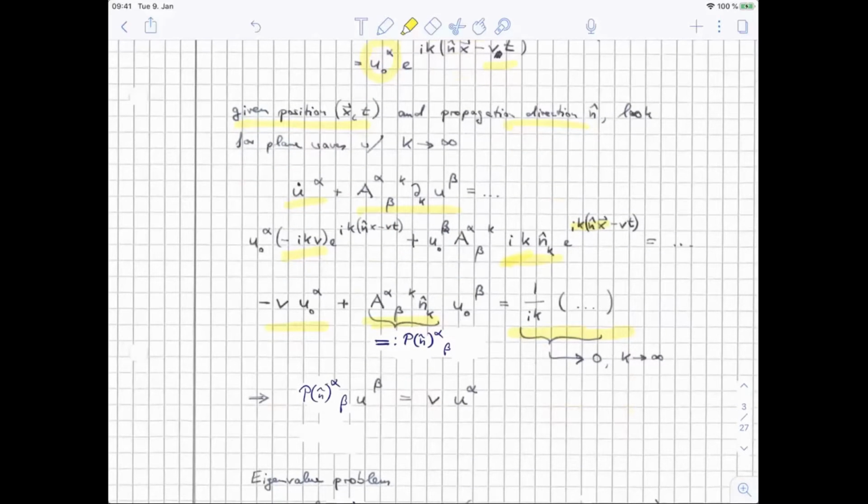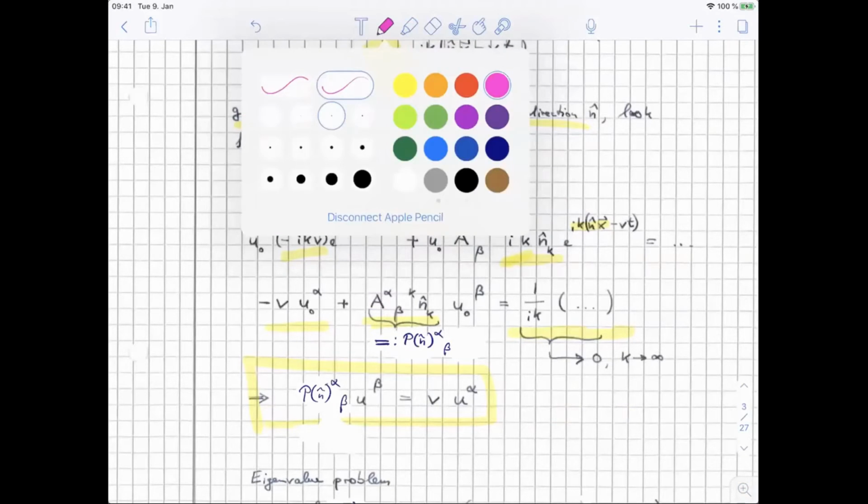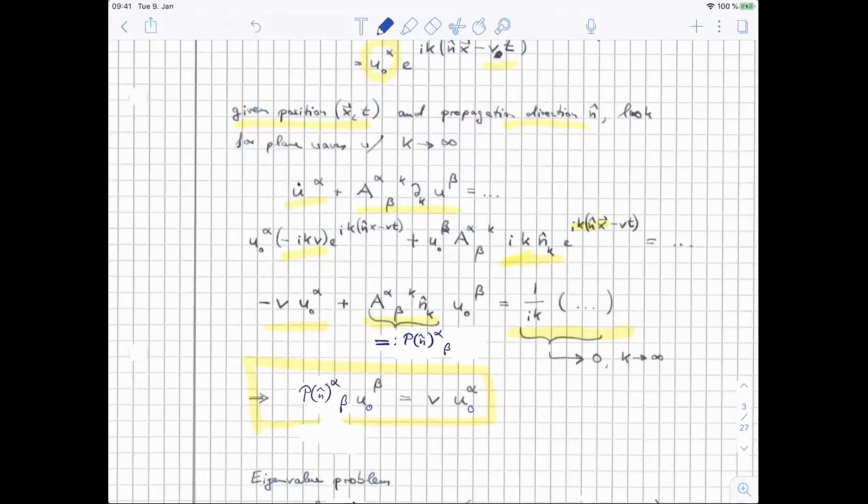And whatever is left takes the form given on the next line, which is an eigenvalue equation, where the coefficient vectors u alpha 0 of the plane wave solutions are eigenvectors of this P matrix, P alpha beta, which is the contraction of the A matrices with the propagation direction.